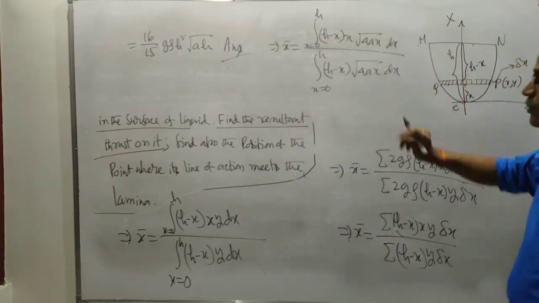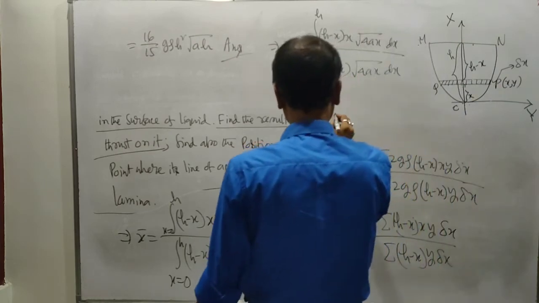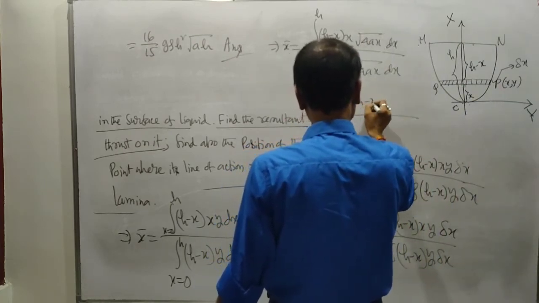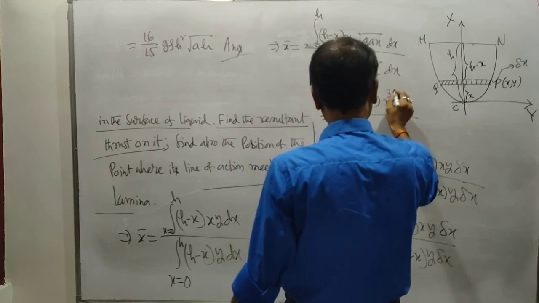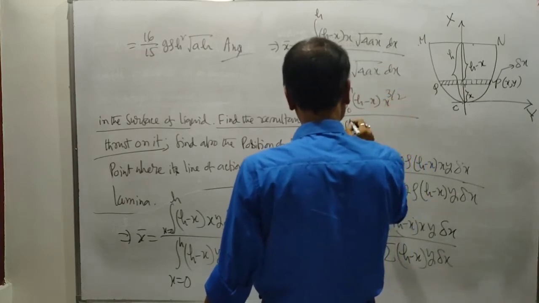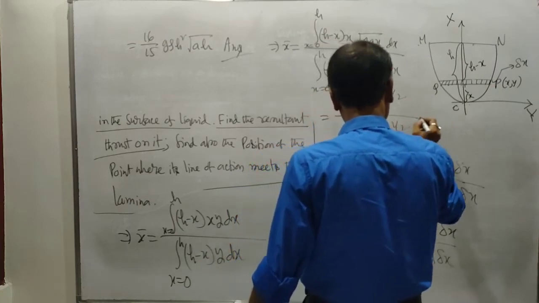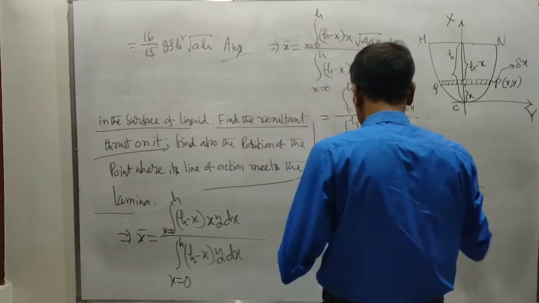Root over 4a, root over 4a will be cancelled. This is equal to integration 0 to h of (h minus x) x to the power 3 by 2, over integration 0 to h of (h minus x) x to the power half dx.